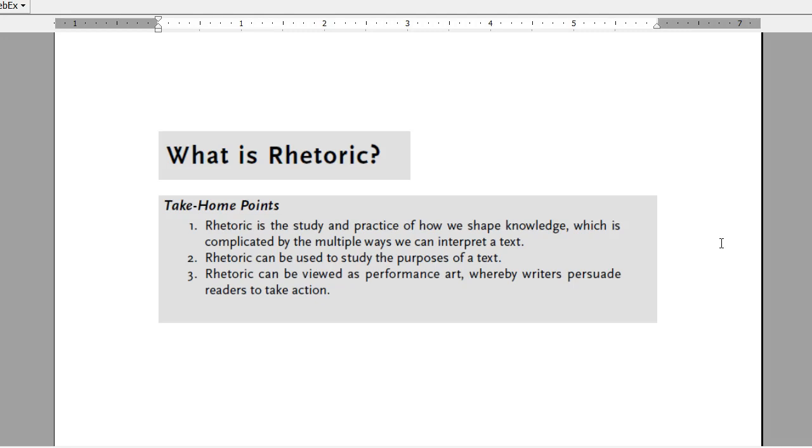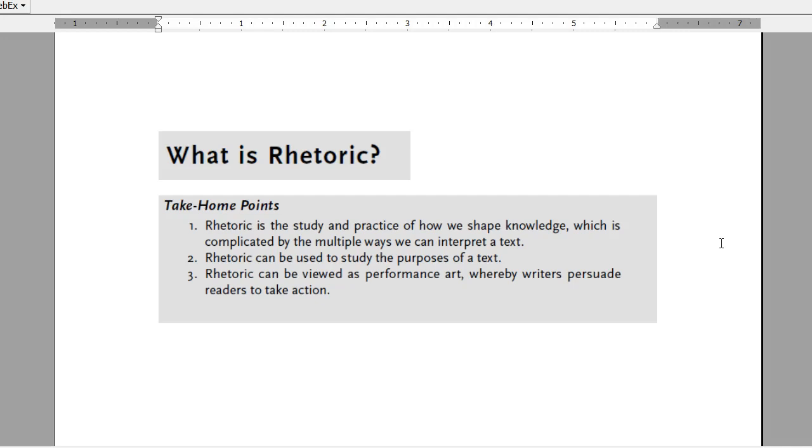The second point, or as I should say, second definition for rhetoric, is rhetoric can be used to study the purposes of a text. So rhetoric itself, not only is it a study and practice, but it's also a tool that you can use to analyze a text.